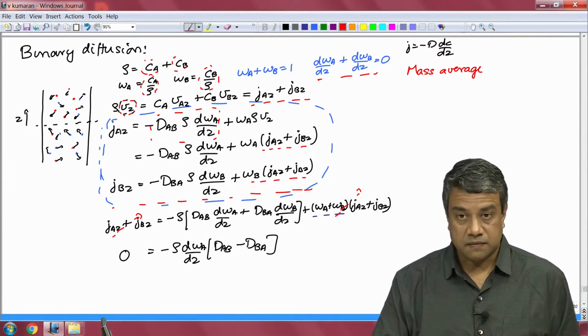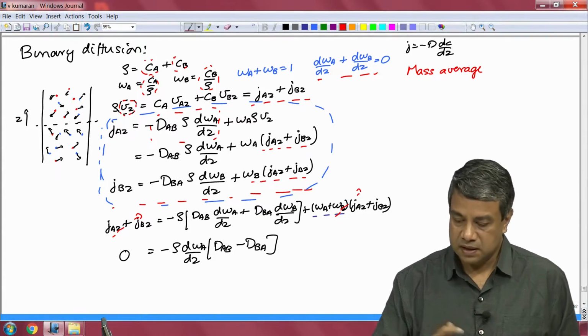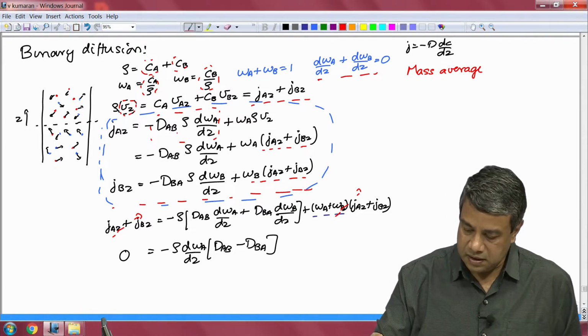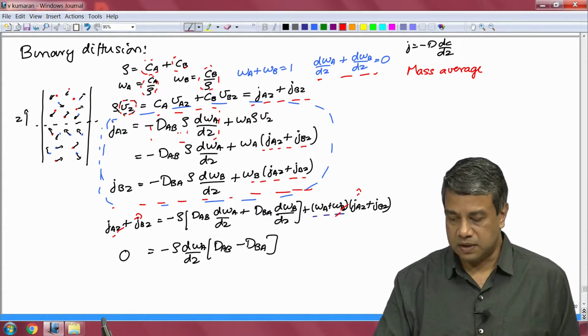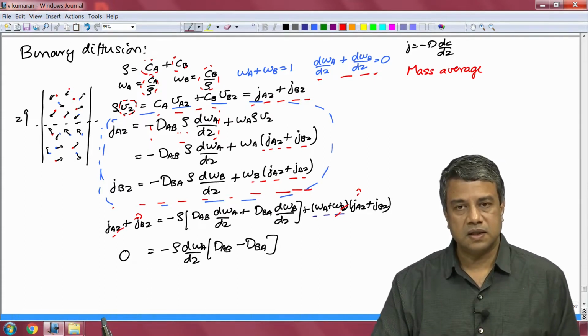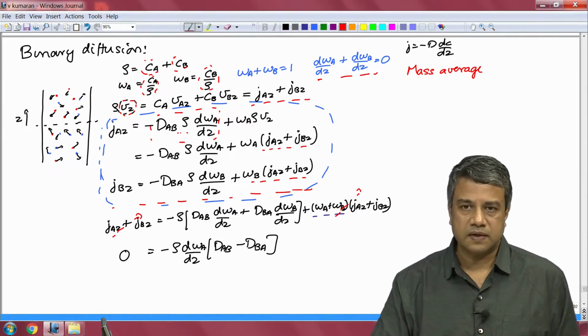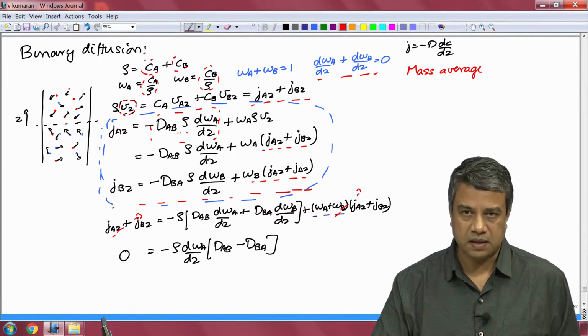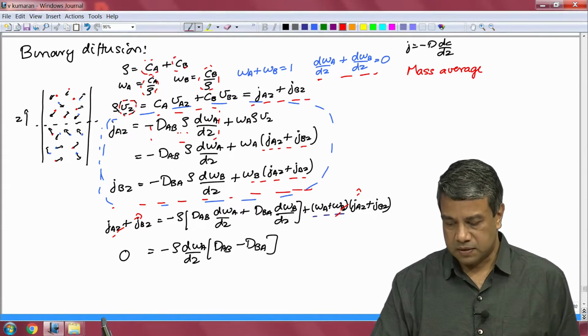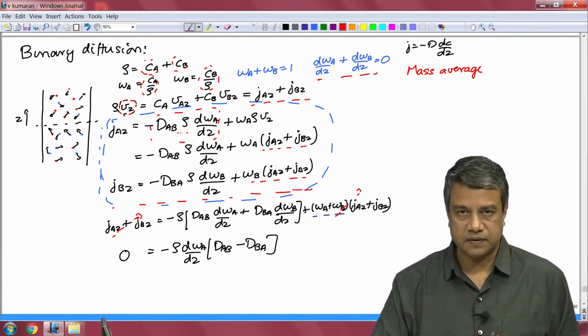The flux, as I said, is defined differently in the case of binary mixtures. It is defined as d into rho into d of w by dz usually. That actually follows from a thermodynamic description, which I will not have time to go into in detail in this course. So, this is the flux, plus there is also a flux because of the mean motion, because of the center of mass velocity.